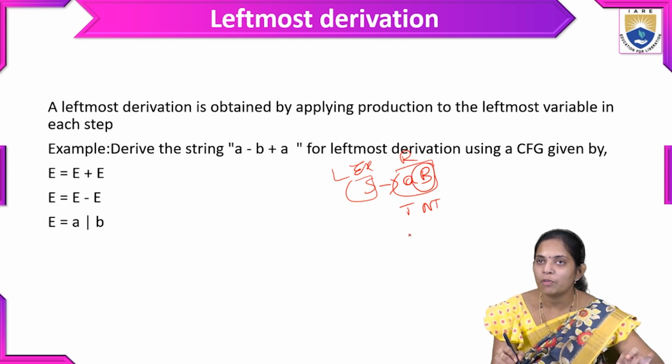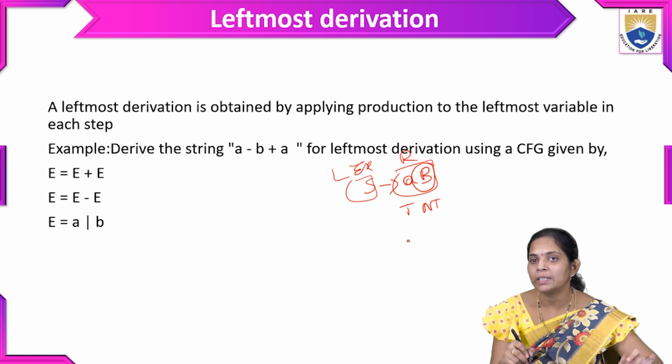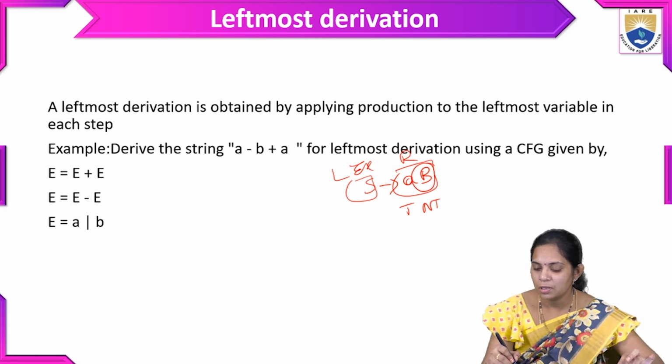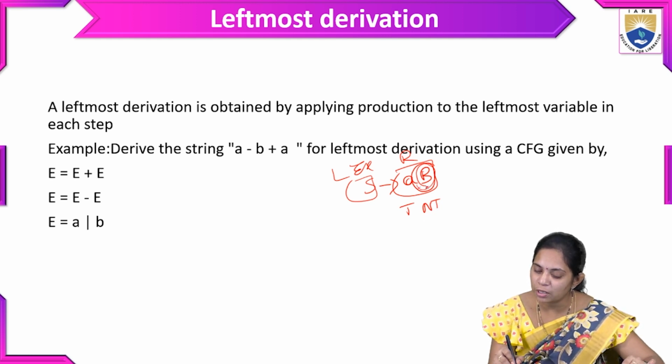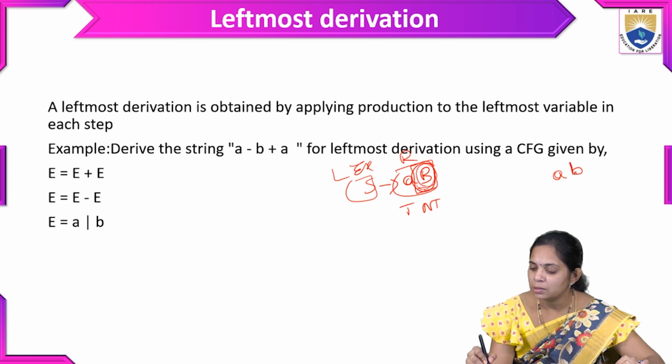We have to decide which non-terminal we have to replace. In the right hand side it is a non-terminal. In this production rule, if I want AB, then AB is the input string. What are the production rules?